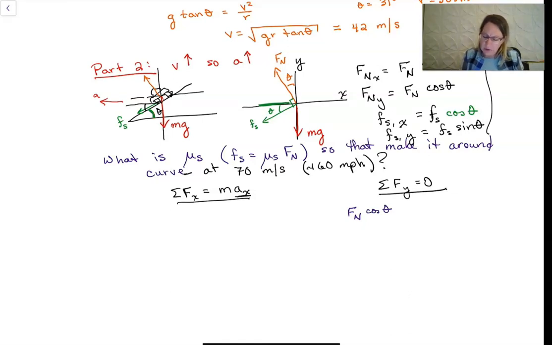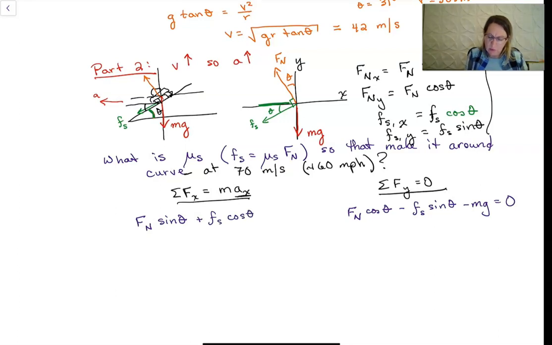The y component of friction is down, so it's minus F s sine of theta minus mg is equal to 0. And over here in the x direction, I have force normal sine of theta plus force of friction cosine of theta. Both of those are pointing in the same direction as my acceleration. So it looks like that.